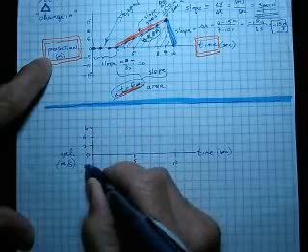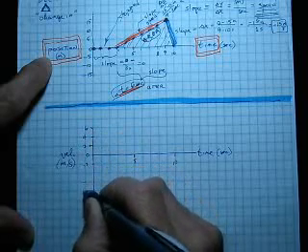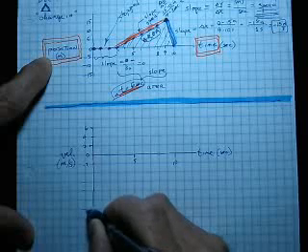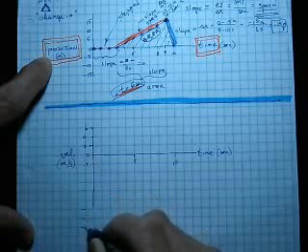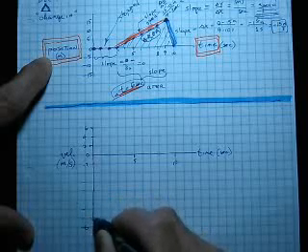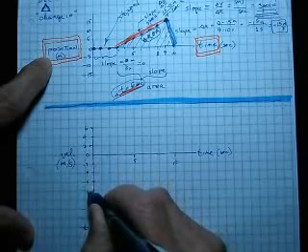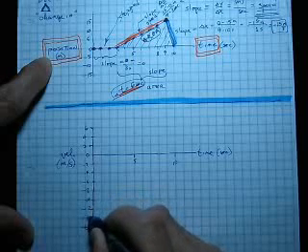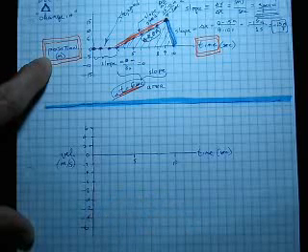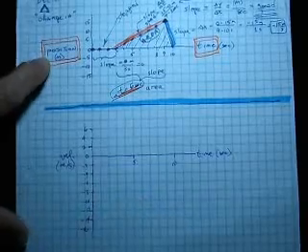This would be -2, -4, -6, -8, -10, -12, -14, -16, all the way down here. Okay. So let's just go back.